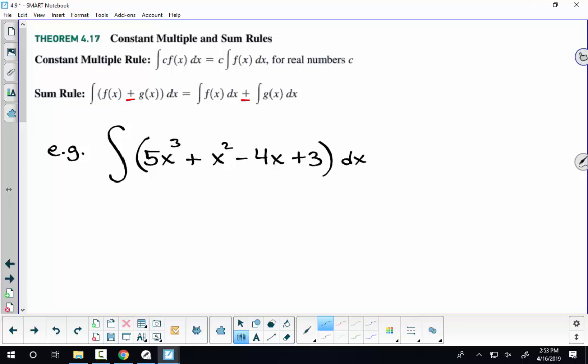So we can find the antiderivative of each term since they're separated with addition or subtraction. So I'm going to write this out long-handed, I guess. I think after you do a few of these, it doesn't matter if you write it out long-handed or not, because typically we'll just see a function like this and we can immediately write down the antiderivative.